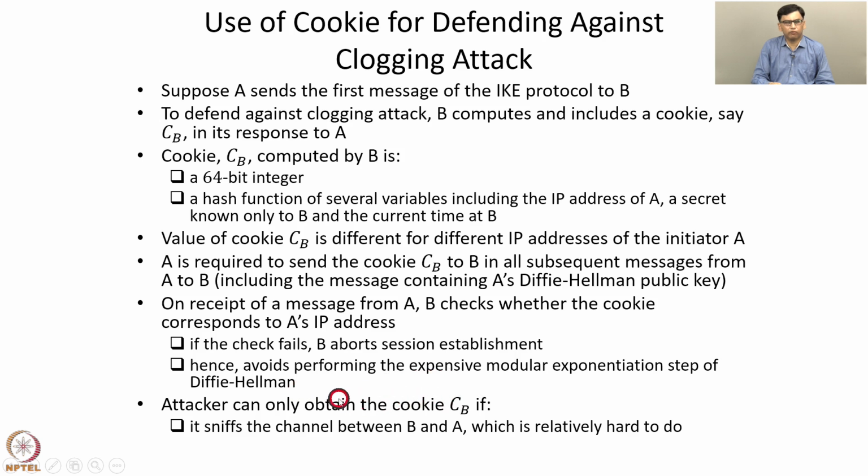The attacker might be somewhere in the internet and may not necessarily control a compromised router between A and B. So hence it becomes difficult for the attacker to obtain the cookie CB. Thus the use of cookie defends against the clogging attack.